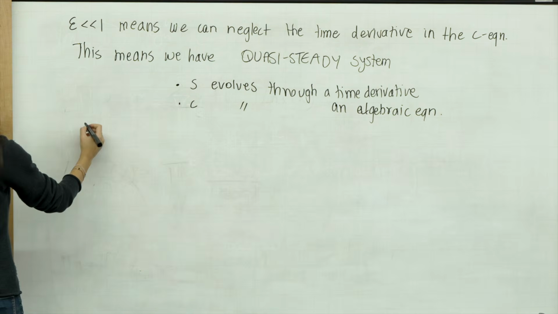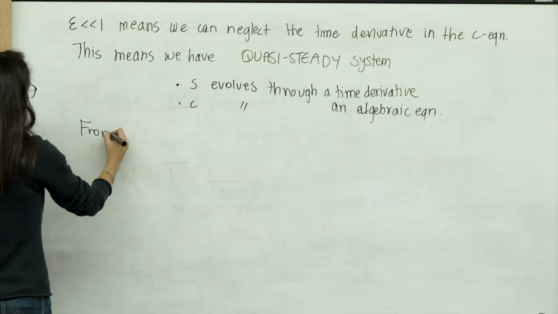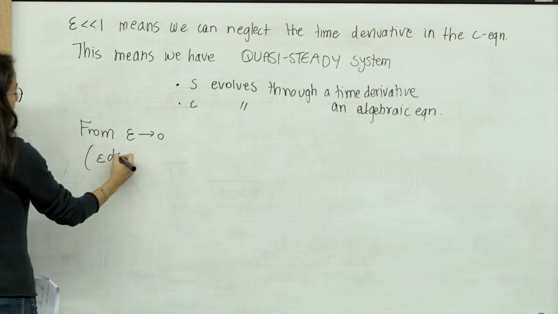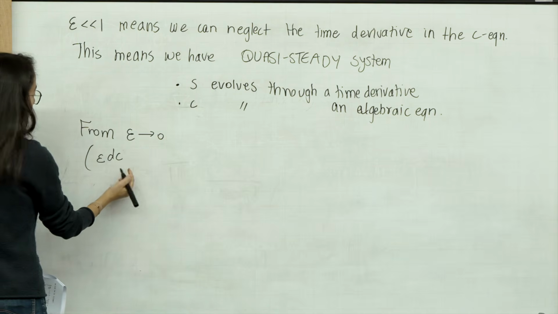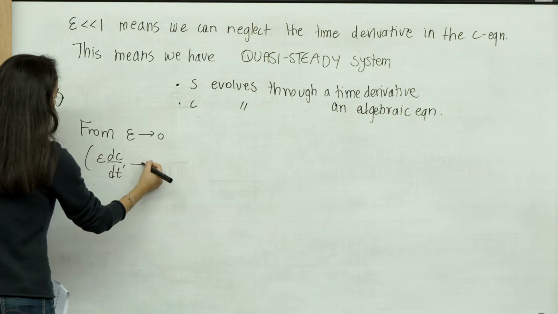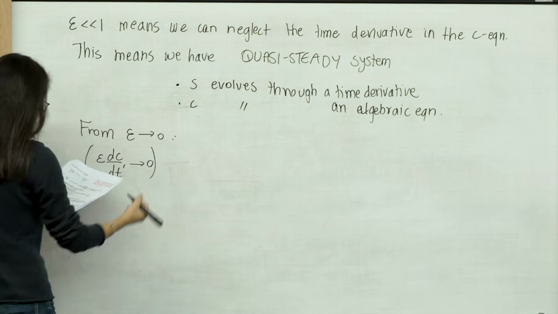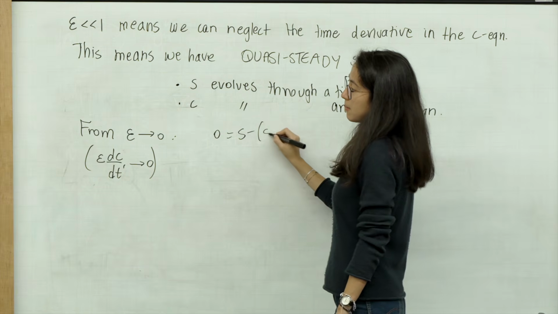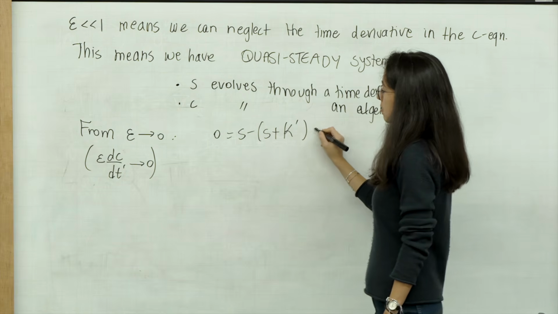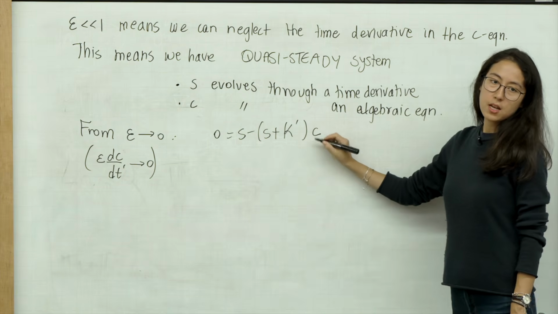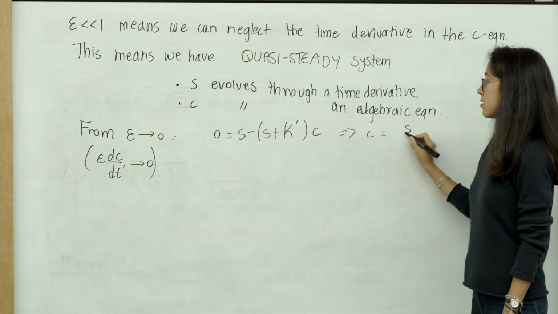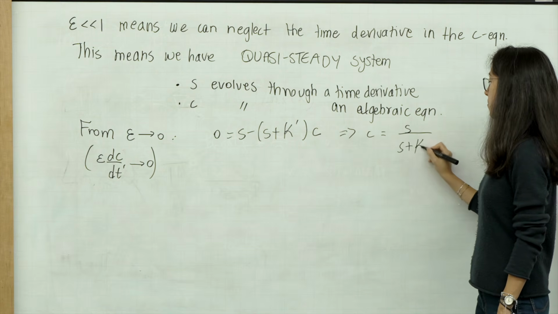So if I look at the limit of small epsilon, what I have, as I said, is that this thing goes to 0. And so if I write on the left-hand side that, I'm left with this. So I'm trying to get an algebraic equation for C, which means that C is equal to S over S plus K prime.